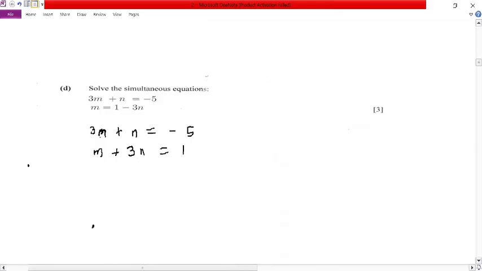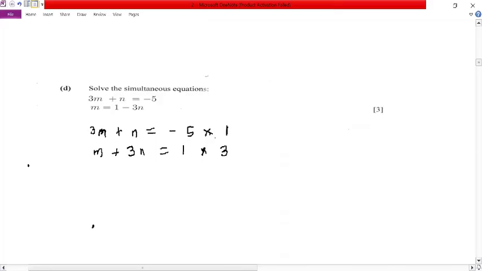The coefficient of m on the first equation is 3. The coefficient of m on the second equation is 1. So we multiply the first equation with the coefficient of m from the second equation, which is 1. And we multiply the second equation with the coefficient of m from the first equation, which is 3.